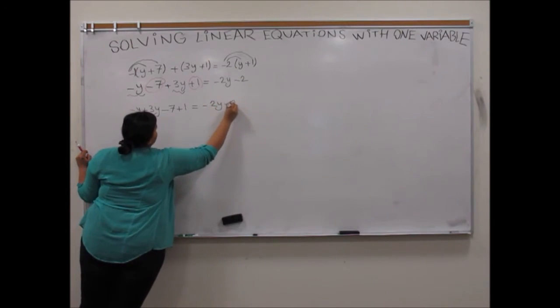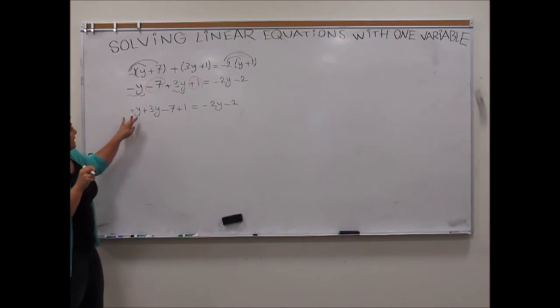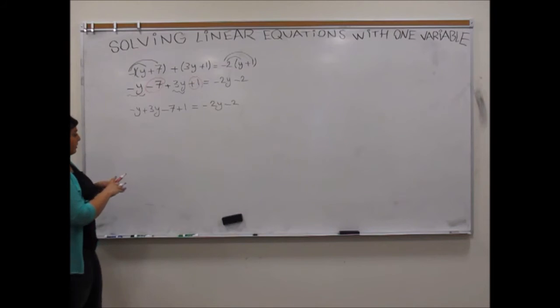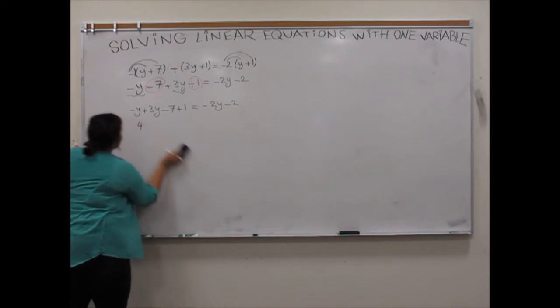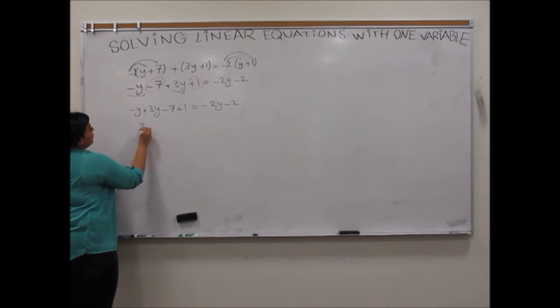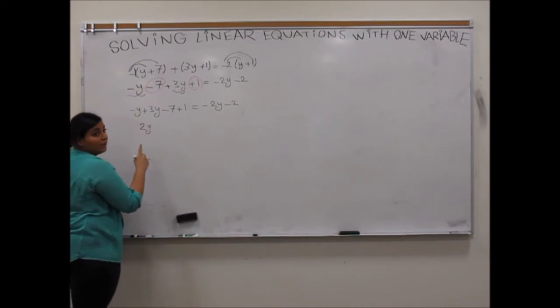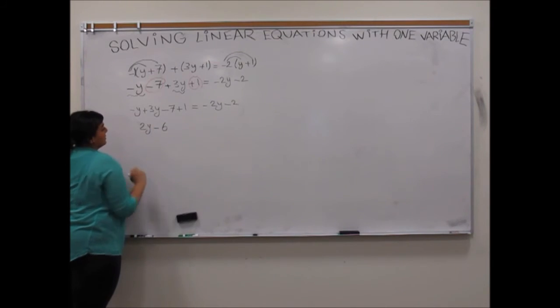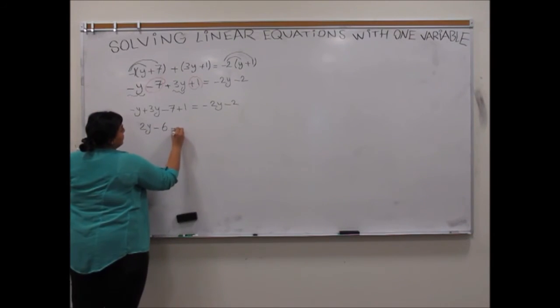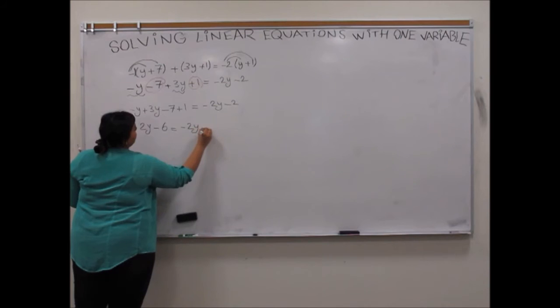Right side stays the same. So negative 1 plus 3 is going to be 4y, oh sorry, it's going to be 2y, and then negative 7 plus 1 is just negative 6, equals negative 2y minus 2.